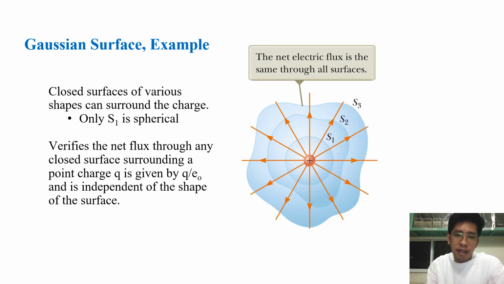As we've discussed earlier, for S1, S2, and S3 you have the same flux, which is equal to Q over epsilon naught. So the shape of your Gaussian surface does not matter here.